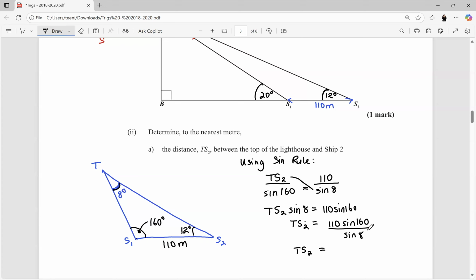Try it again. 110 sine of 160 divided by sine of 8. What you got? I got 2.439639888. No, Zach, you're doing something wrong.